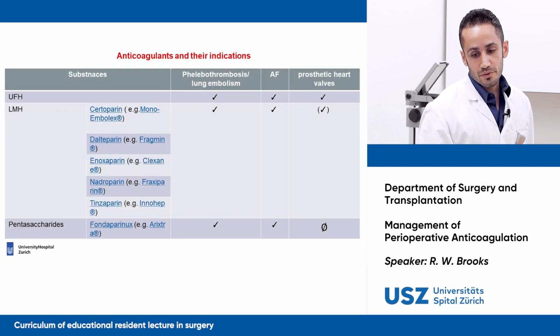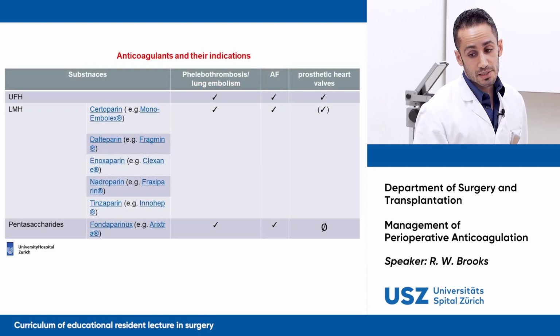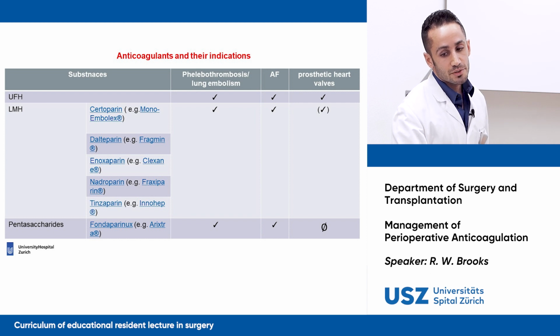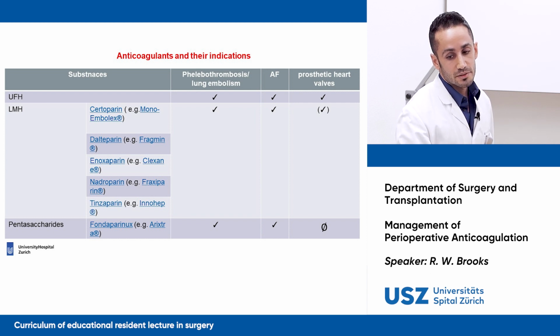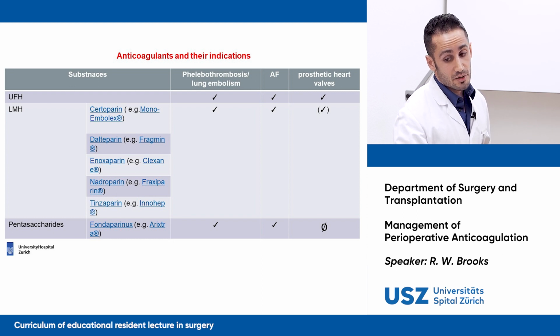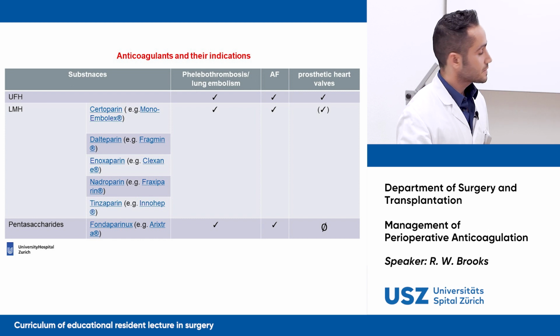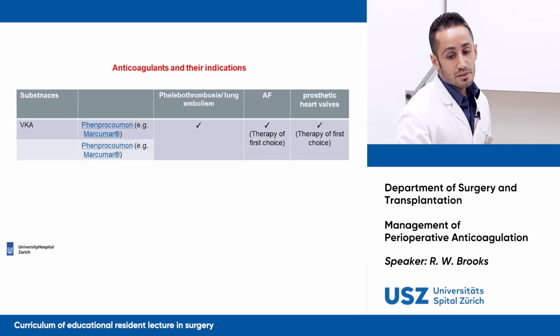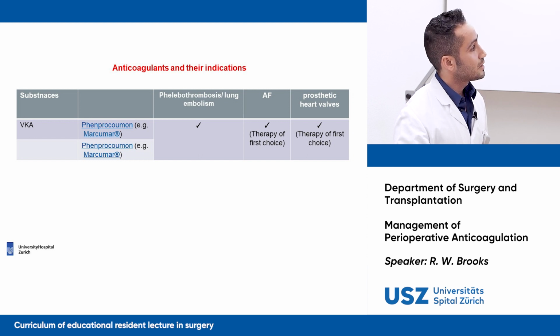This is a really short review about the anticoagulants and their indications: phlebothrombosis and lung embolism for heparin and pentasaccharides, and also atrial fibrillation and prosthetic heart valves. There is no indication for fondaparinux in that case. For the vitamin K antagonists, for atrial fibrillation and prosthetic heart valves, there is still the therapy of first choice.